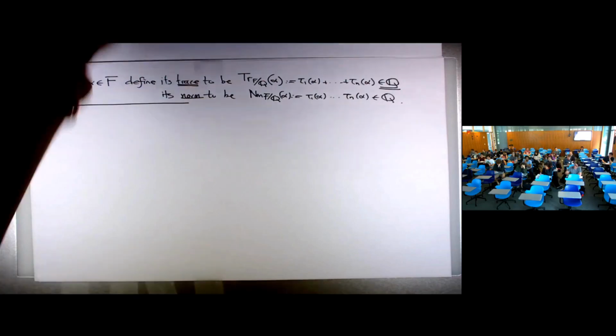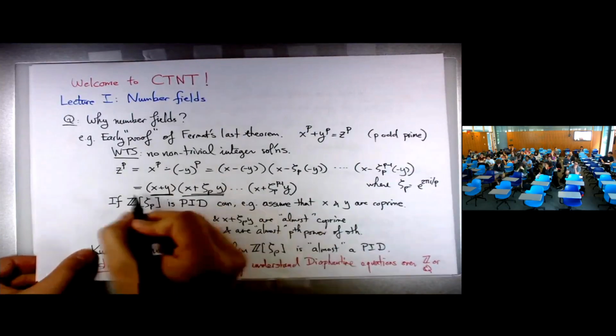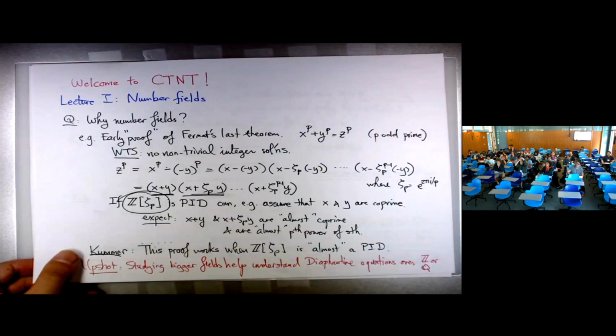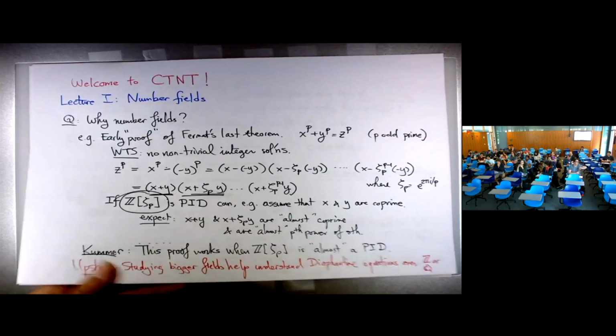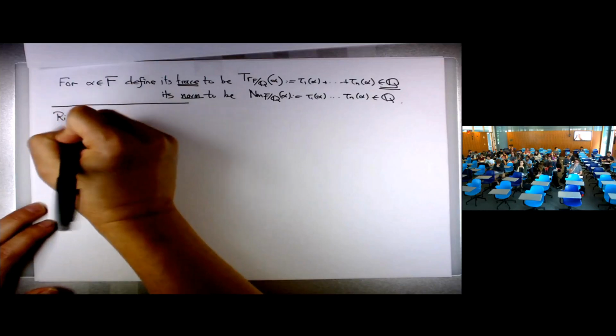Okay? So now this is all about the field. If you recall earlier, let me turn back the page a little bit. When we talk about this application of Liang Xiao, I'm really interested in this Z adjoin zeta p. It's not the field, it's the ring associated to that. This is something we call the ring of integers.